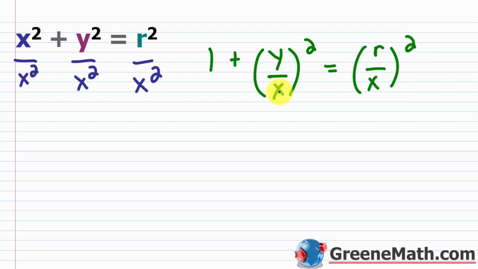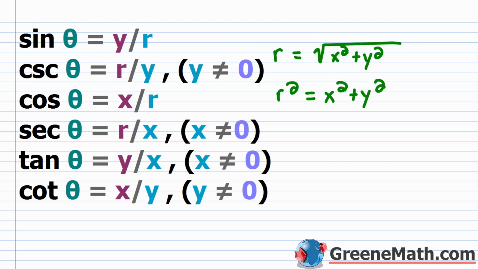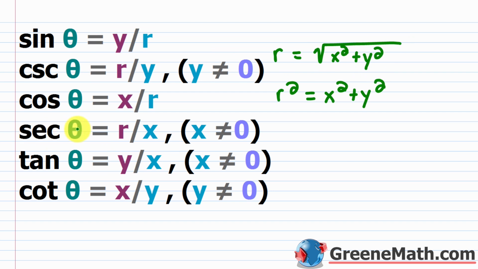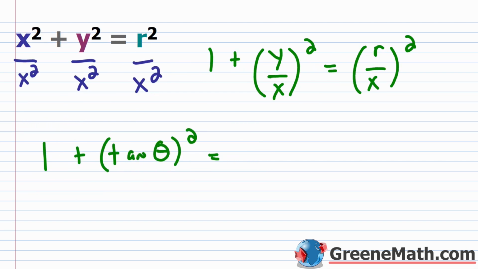What is y over x? We know that this is the tangent of theta. So we go back up, again, y over x is the tangent of theta. So you can replace that. You can say this is 1 plus the tangent of theta, this guy squared, is equal to, what is r over x? Well, r over x is the secant of theta. Okay, so we go back and we say this is the secant of theta, this guy being squared.